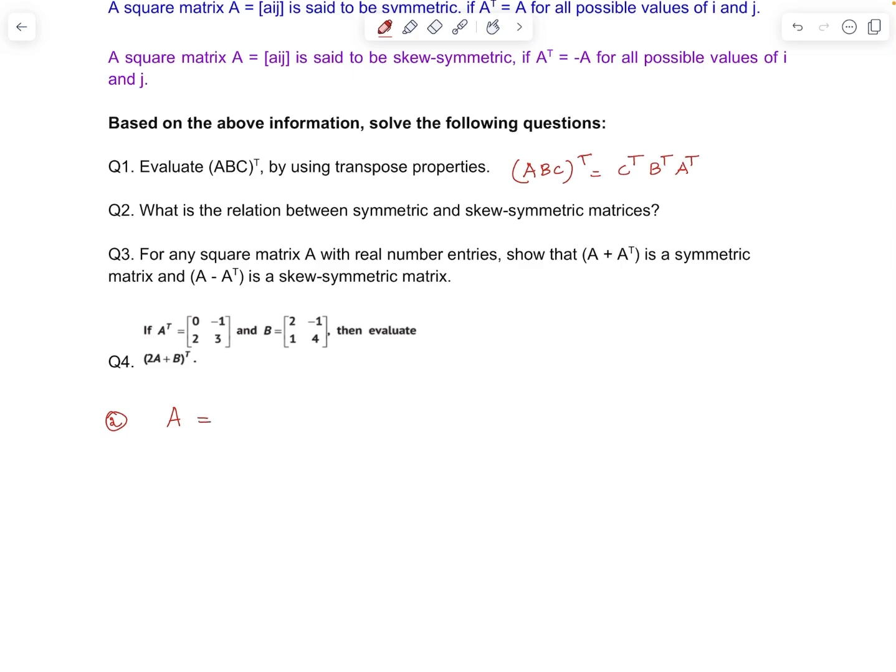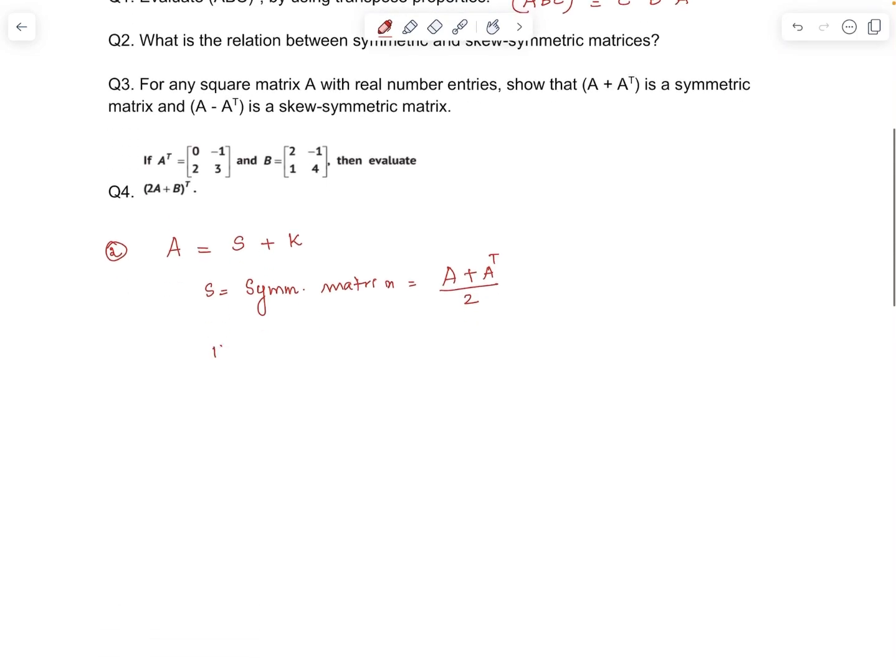This can be written as S plus K, where S is the symmetric matrix, which is (A plus A transpose) by 2, and K is skew symmetric matrix, which is (A minus A transpose) by 2.